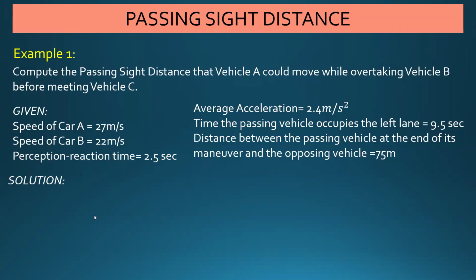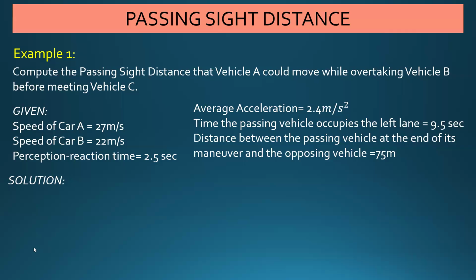Speed of car B is 22 meters per second. Perception reaction time is 2.5 seconds. The average acceleration is 2.4 meters per second squared. Time the passing vehicle occupies the left lane is 9.5 seconds. And the distance between the passing vehicle at the end of its maneuver and the opposing vehicle is 75 meters.